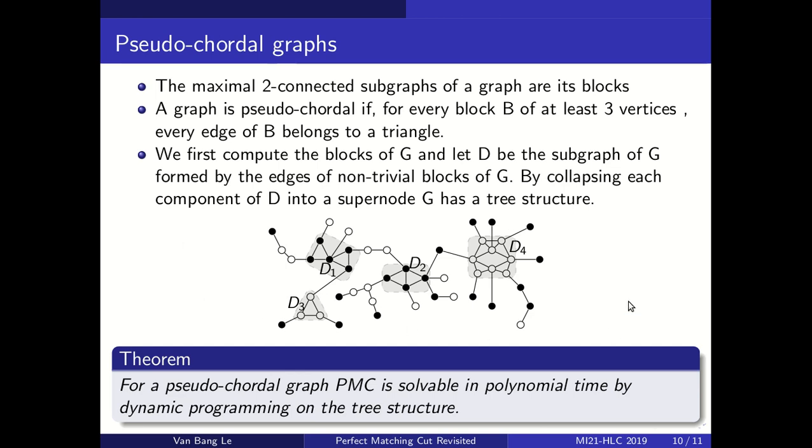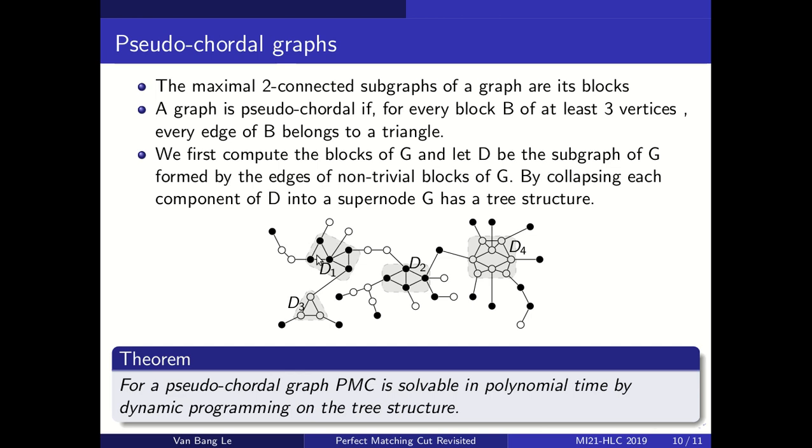So here is an example of such a graph. You see, actually it's not a chordal graph, because here we have a cycle on 4 vertices, right? So this is not a chordal graph. But what we have done is we have taken every maximal 2-connected subgraph that contains at least 3 vertices and forms a connected subgraph, and made it into what we here call a supernode.